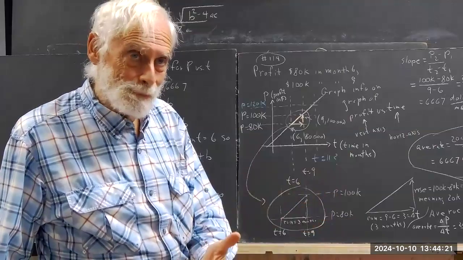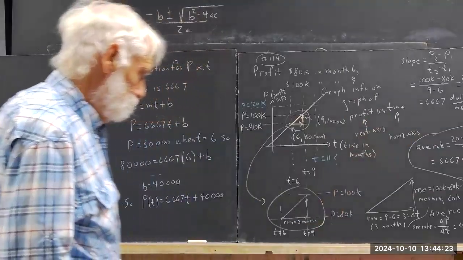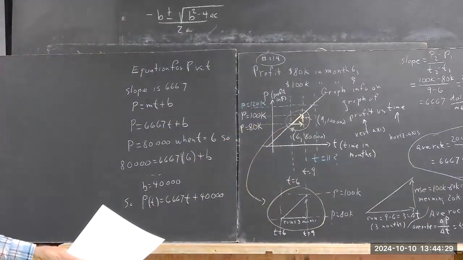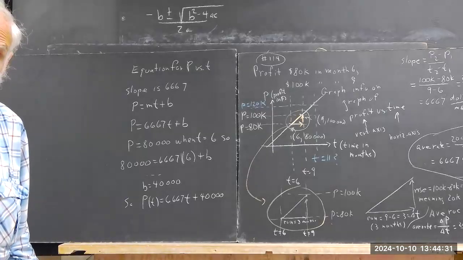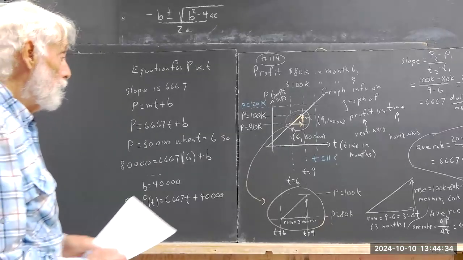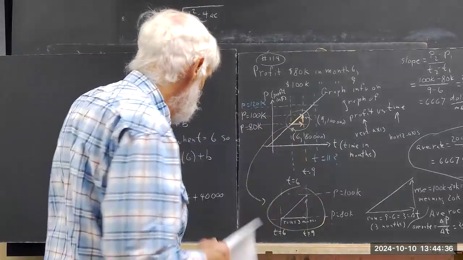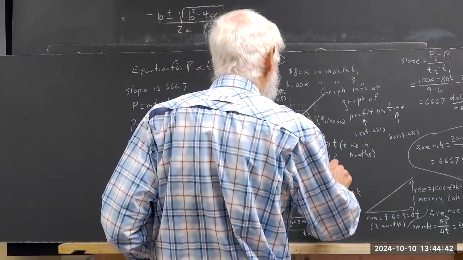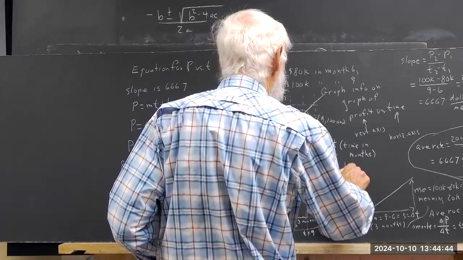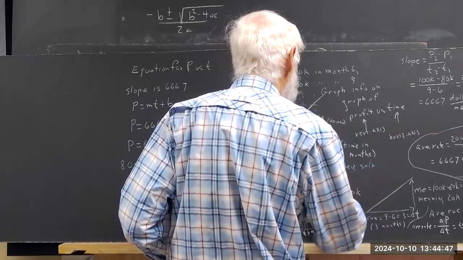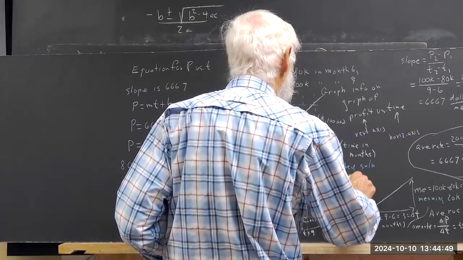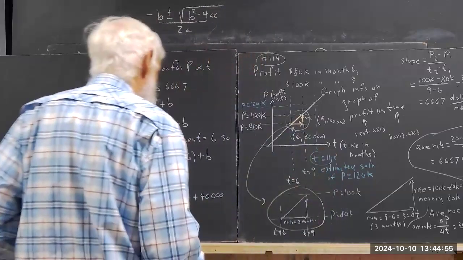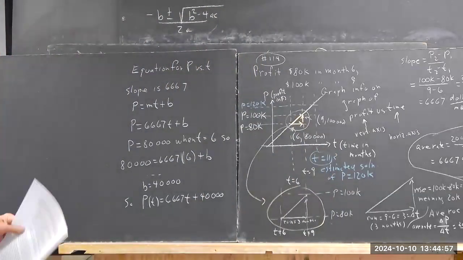If the numbers are trickier than these, your graph is just going to give you a ballpark, and then you can compare that to what you get when you solve the equation. This is a solution of P equals 120K.